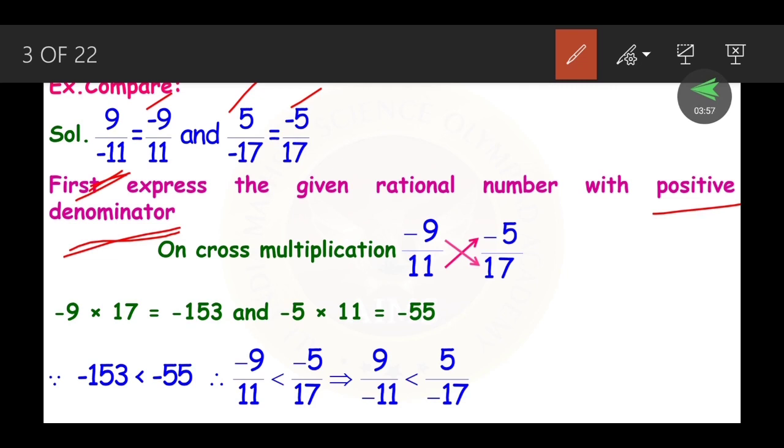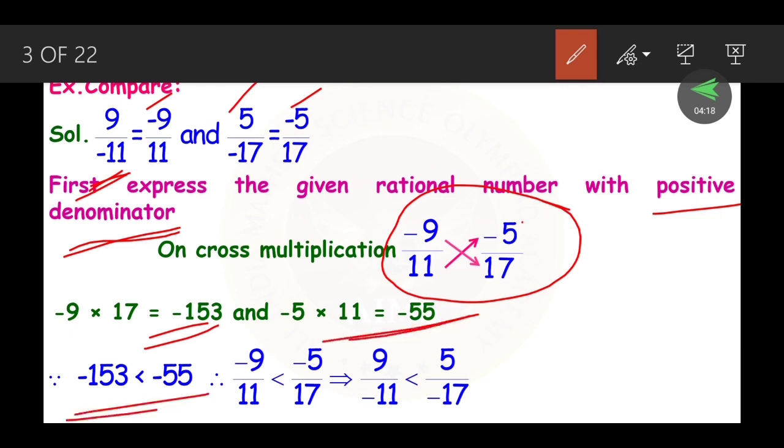After that, we have to cross multiply according to method 2. 9 times 17 is how much? 153, so minus 153. Minus 5 times 11 is how much? Minus 55. So here minus 153 is less than minus 55. Why?